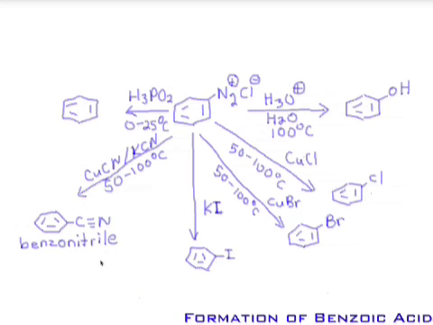Now, benzonitrile is really useful as a precursor. You can use it to convert to carboxylic acid. So if you hit it with H3O plus, you will make benzoic acid.